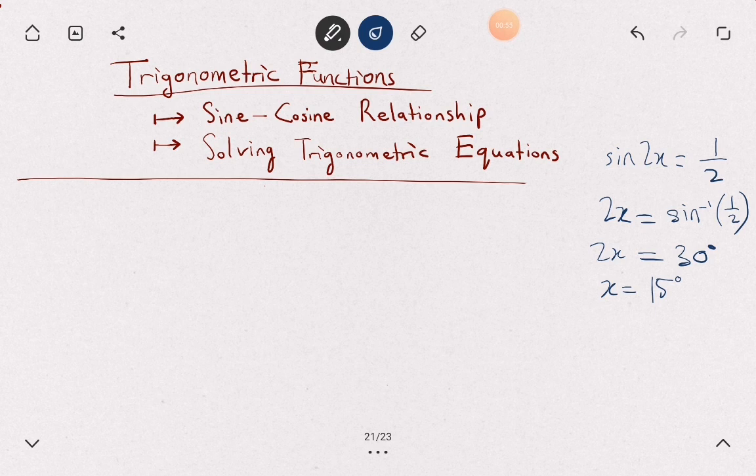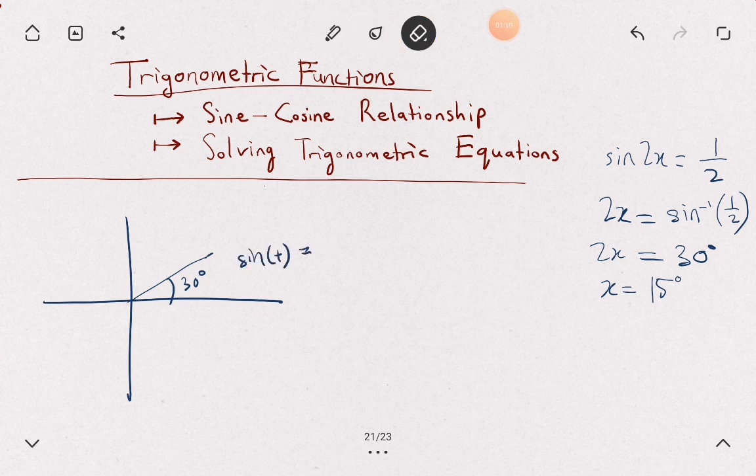But remember we did four quadrants, and so if this is 30 degrees, here the sign will be positive, so sine 30 degrees is 1 over 2.